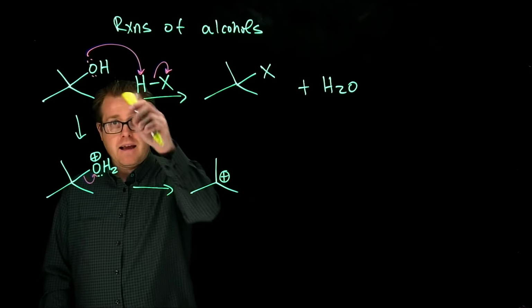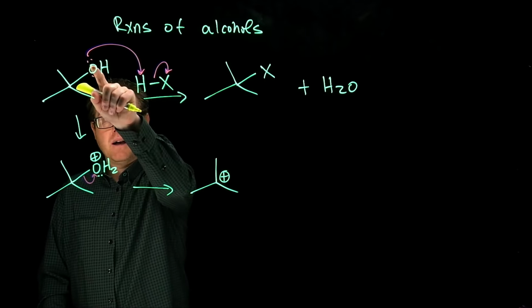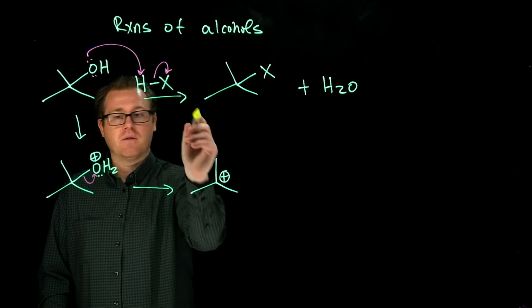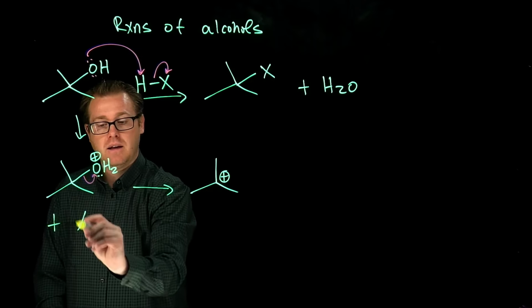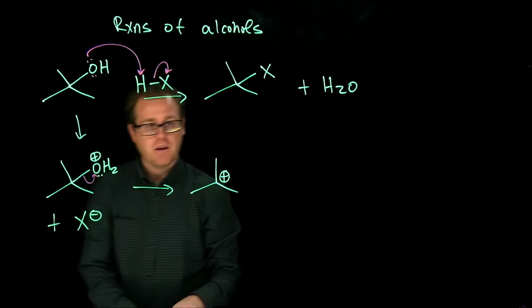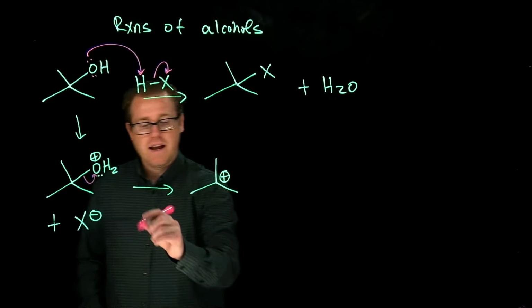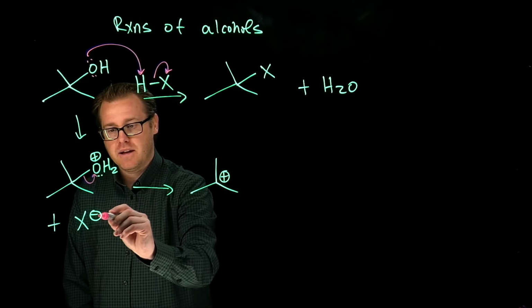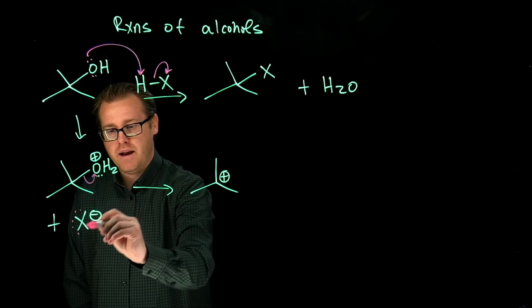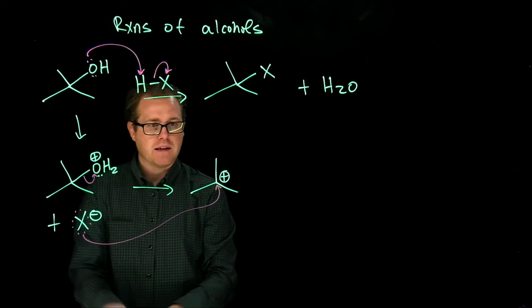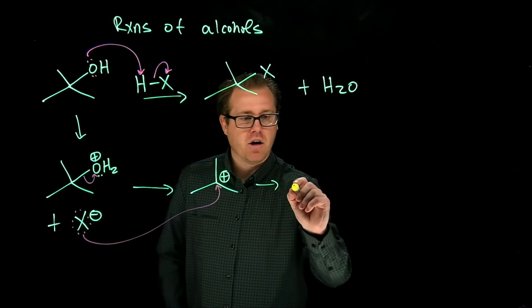But remember that in this step right here, when this alcohol grabs that proton, we also have what's left over, which would be the halide. So this halide now is nucleophilic, and that's going to have 4 lone pairs. So it can use one of the lone pairs to attack that carbocation to generate our product.